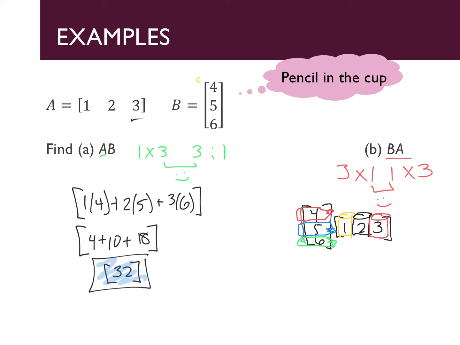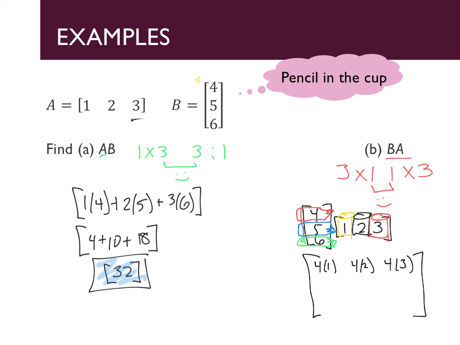Okay, so we know we'll have 4 times 1. And then the red pencil goes into the black cup, 4 times 2. The red pencil goes into the red cup, that would be 4 times 3.